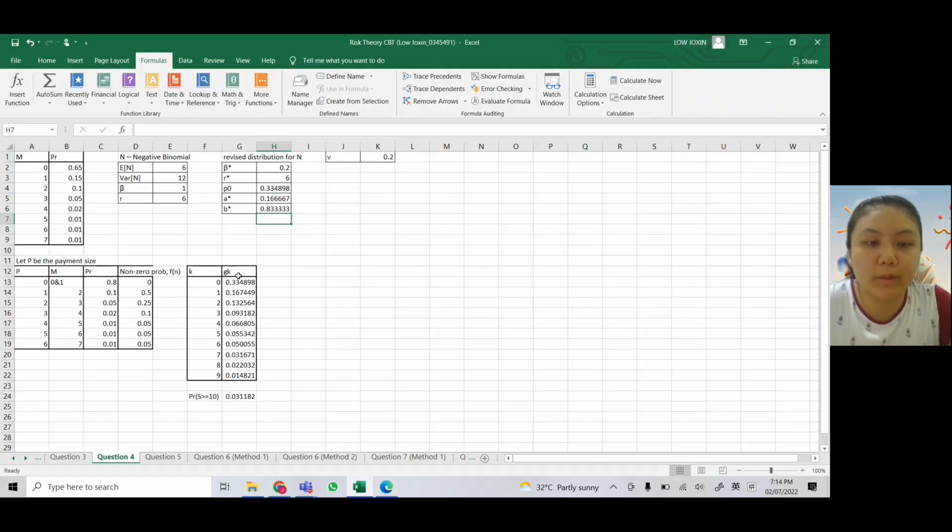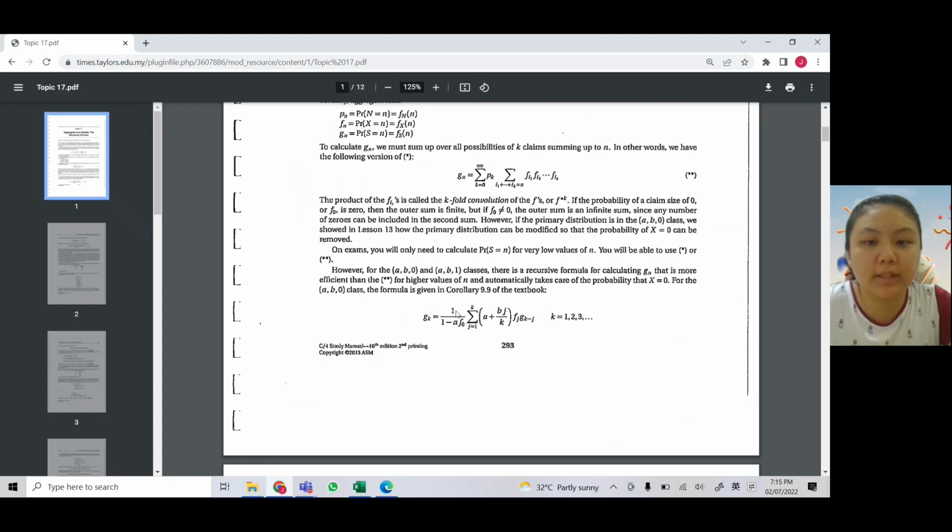If we want to find Gk, it means that we want to find the aggregate. When S equals 0, this is the probability of P0, because P0 is the probability that the number of claims is 0. If the number of claims is 0, the aggregate payment is also 0. So G0 is the same as P0. For G1, we will use this formula here.